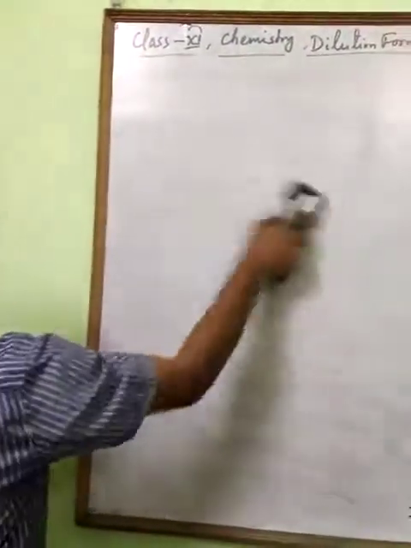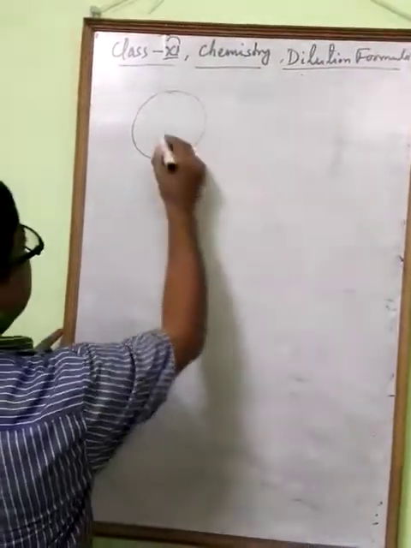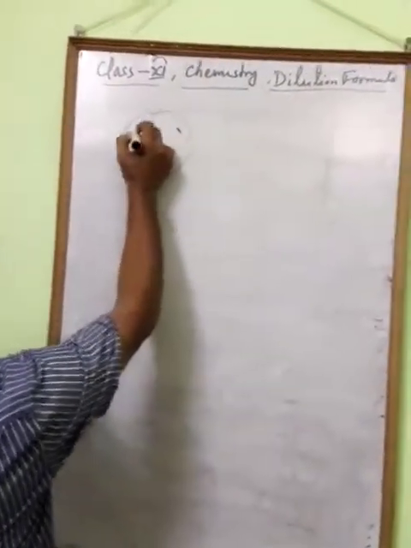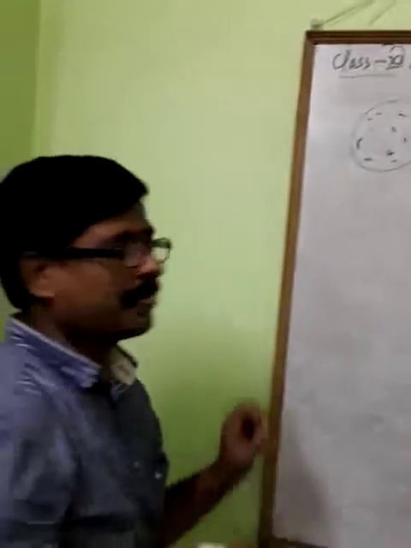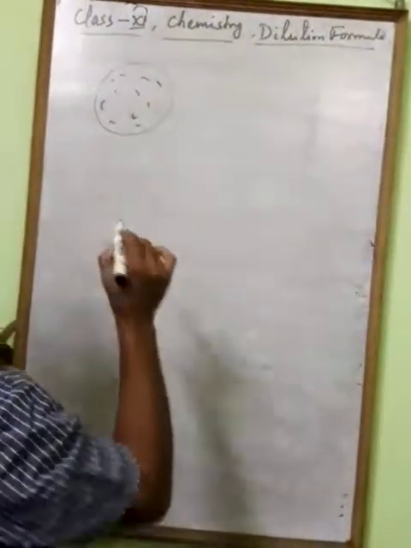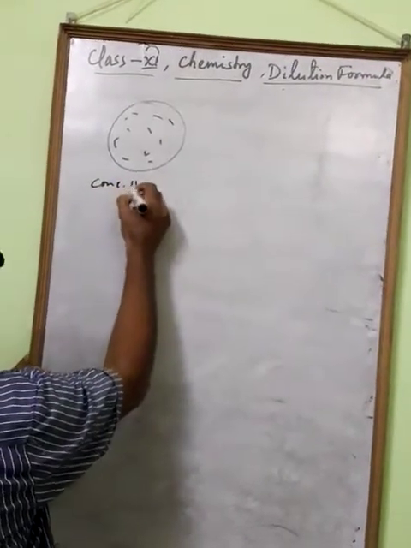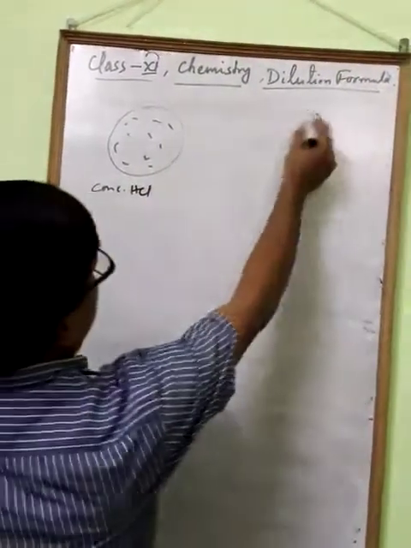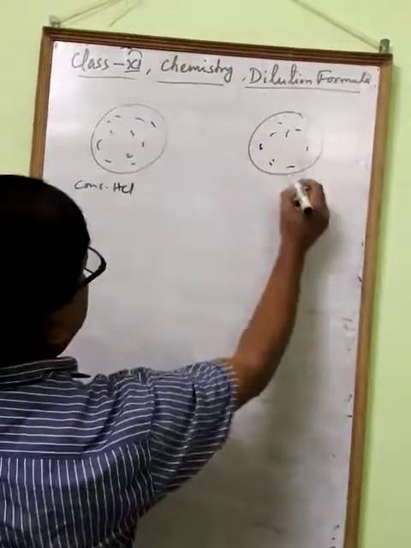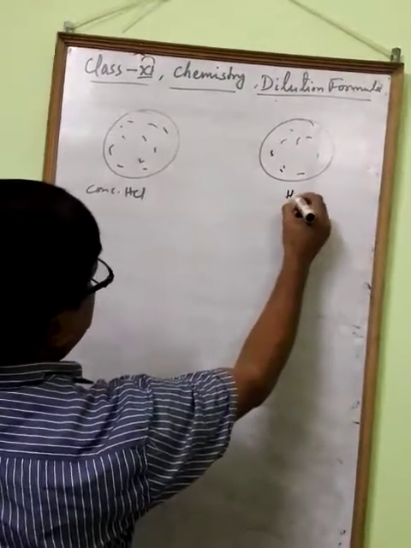Now the dilution formula. Suppose this is one container having concentrated HCl, and this is the solvent, pure water.